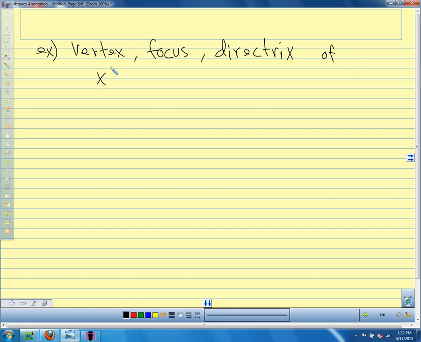We have x squared minus 2x minus 16y minus 31 equals 0. So we want the vertex, the focus, and the directrix of this parabola.